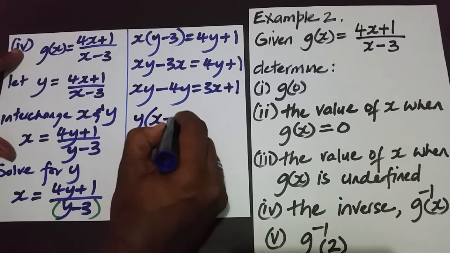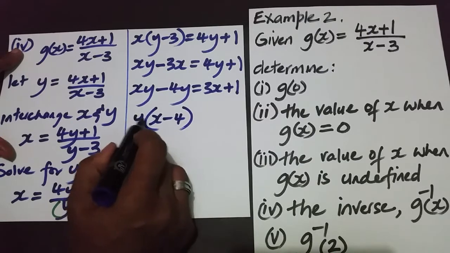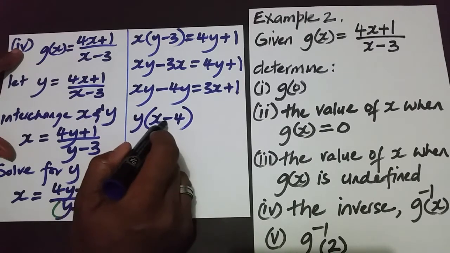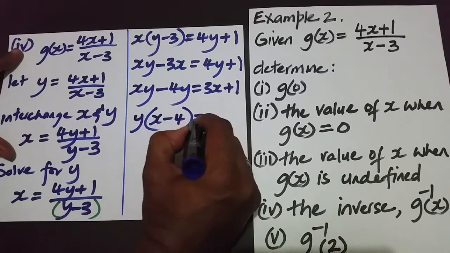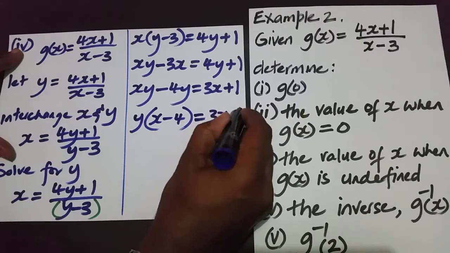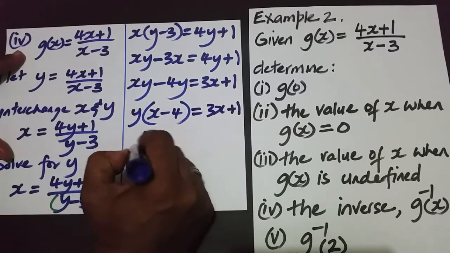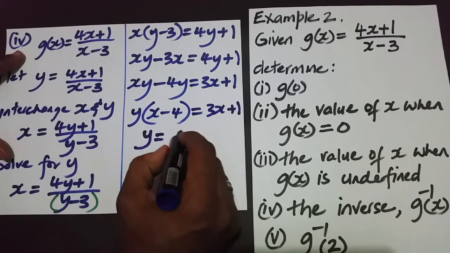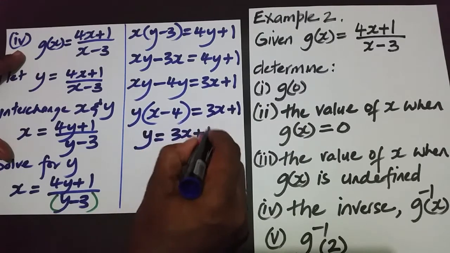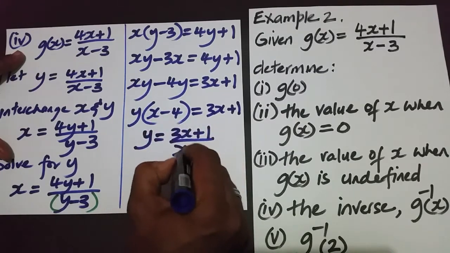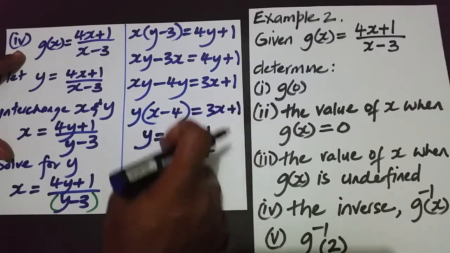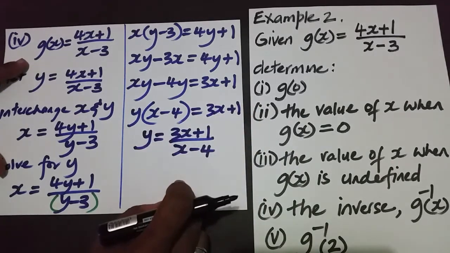And x minus 4 would be in the bracket because y times x is xy, and y times negative 4 is negative 4y. 3x plus 1. And of course, to make y the subject, which is to solve for y, I'm simply going to divide by x minus 4. And this is what the inverse would be.